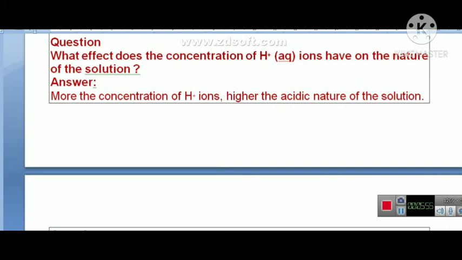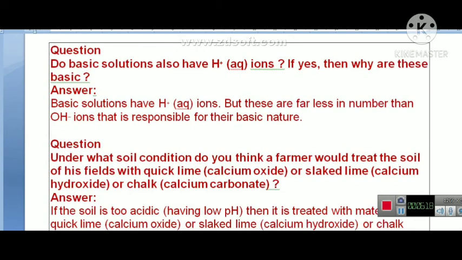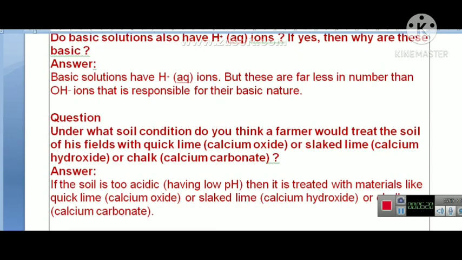You know that H plus ions in aqueous solution show the acidic nature. The higher the concentration of hydrogen ions, that is H plus ions, the higher the acidic nature, that is, the strength of acid increases with an increase in H plus ion concentration. Do basic solutions also have H plus?